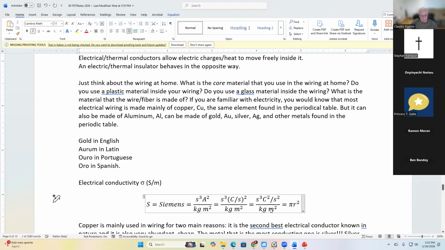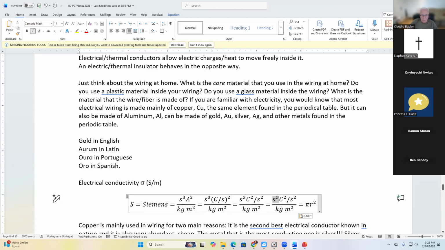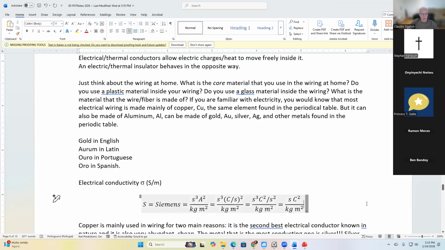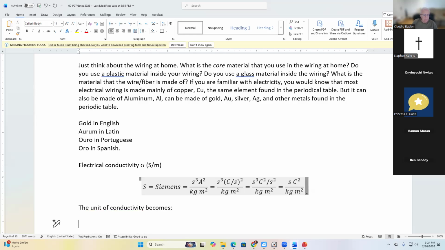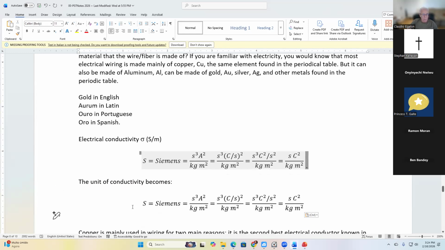And second square cancel to second cube, so we will end up just with a single second there, right? That's what Siemens is all about. And the unit of conductivity becomes Siemens per meter, right?